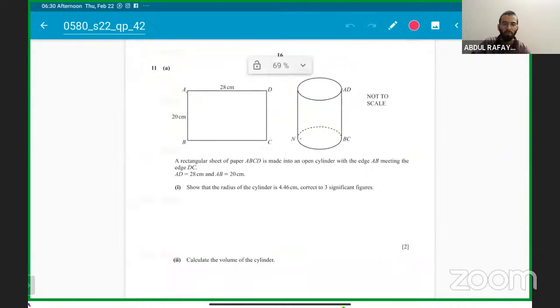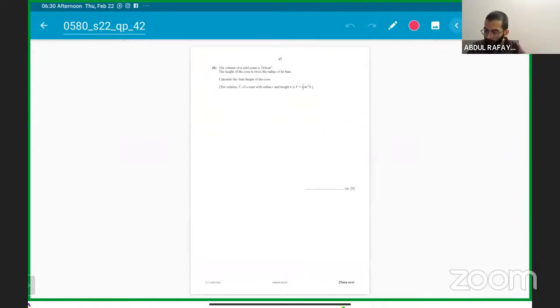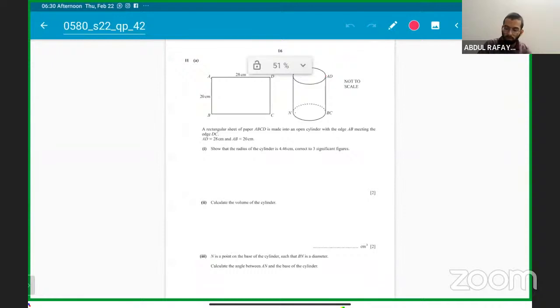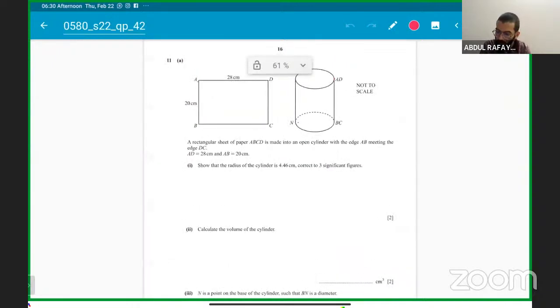I'll give everyone 30 seconds to quickly read this, then I'll start solving. Again, we have this as 2, 4, 7, and 12 marks question. This one is question number 11, May, June 2022, paper 4, variant 2.